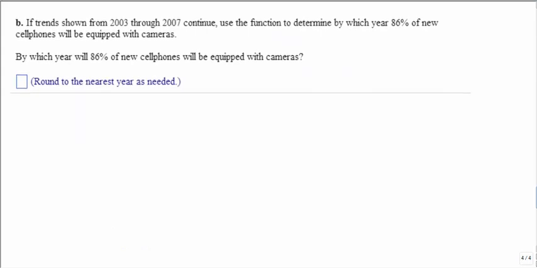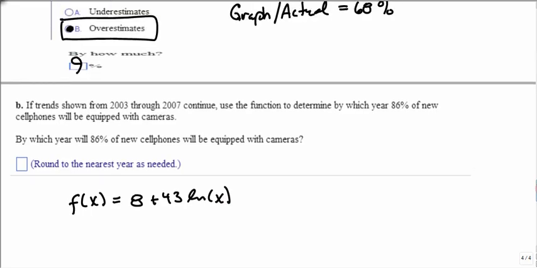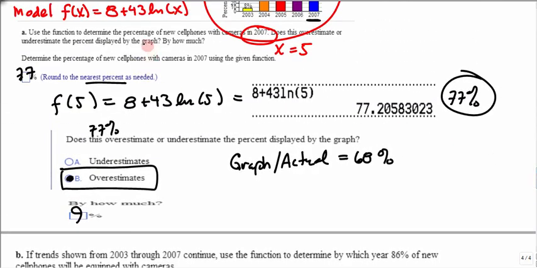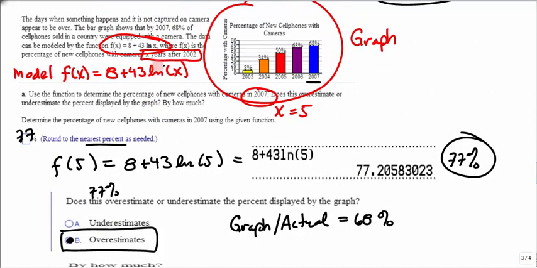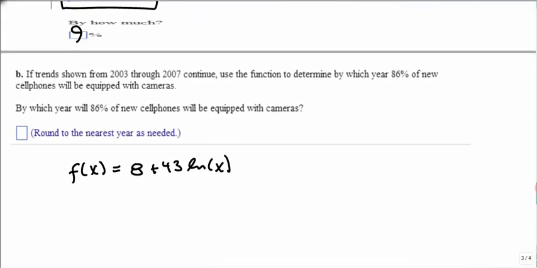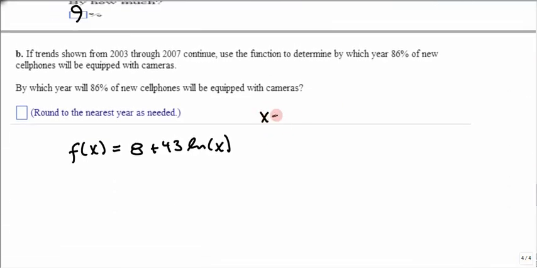So if we remember, our model was f of x equals 8 plus 43 times the ln of x. Okay, so if we go back and look, let's see what x stands for. X stands for the number of years after 2002. So let's just note that x equals number of years after 2002.